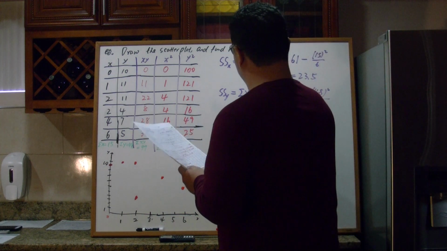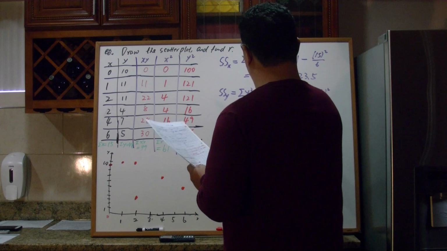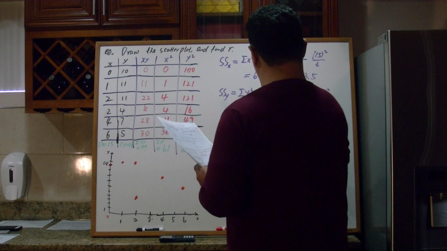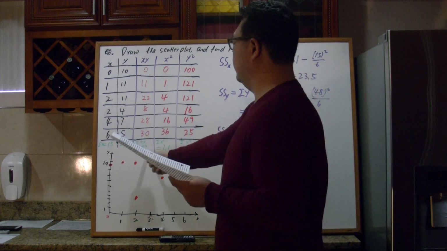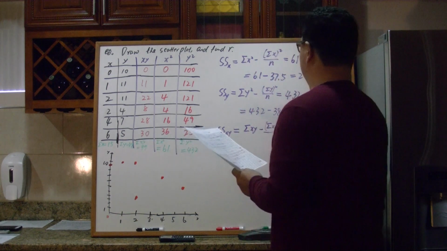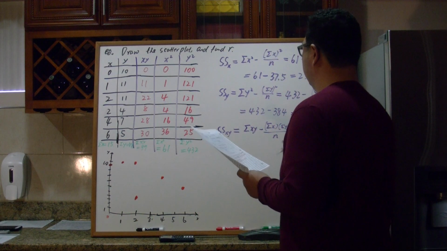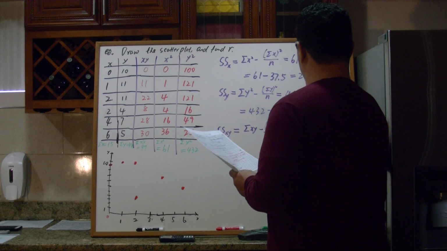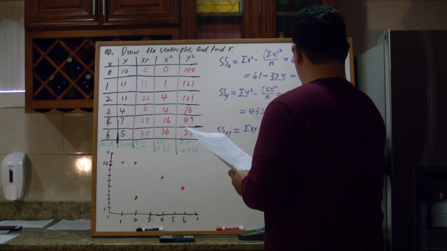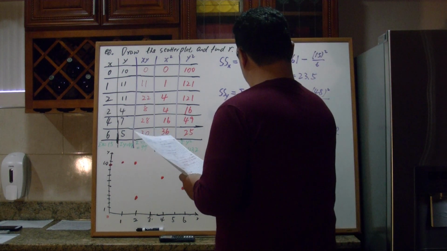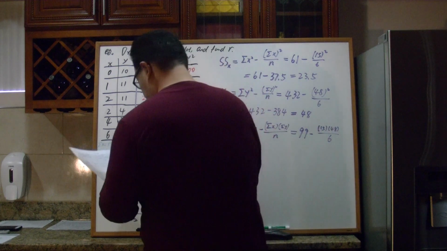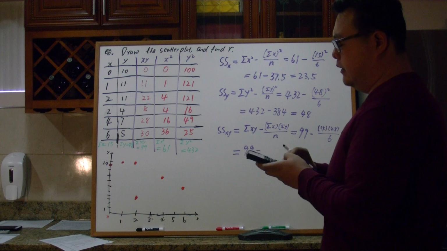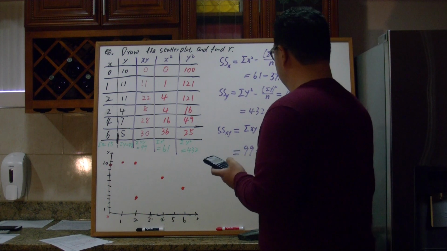Then SSXY will be the sum of xy minus the sum of x times the sum of y, over n. The sum of xy is the middle column, taking the sum of xy, that's 99. The sum of x is 15, the sum of y is 48, divided by 6. And then we use the calculator to find 15 times 48 divided by 6 is 120.